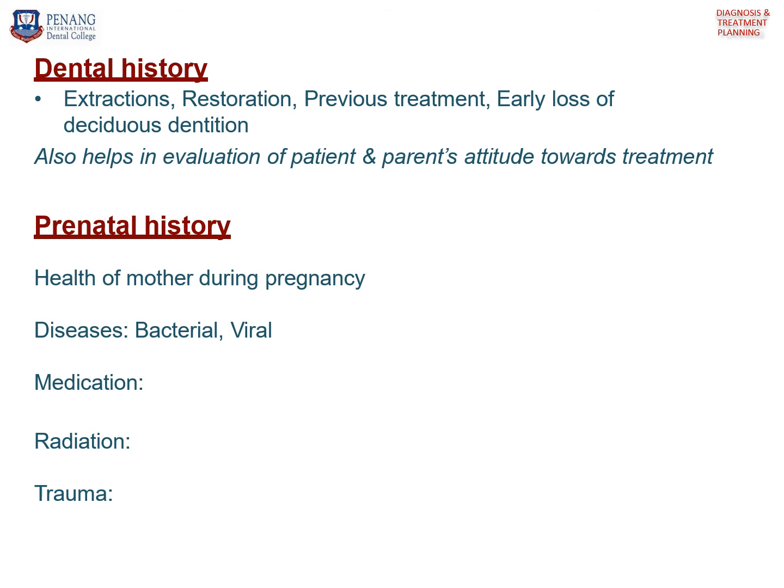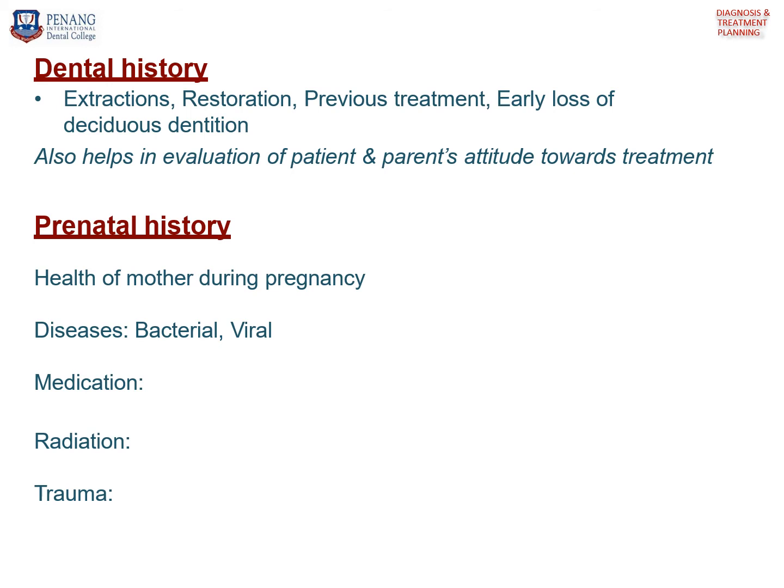So next is prenatal history. Now, why is it important for you to understand what happened prenatally, even before the child is born? What went wrong? It is basically to understand the etiology of the problem. If you know the etiology, as I said, it affects your treatment plan, right? So prenatal history: health of the mother during pregnancy.